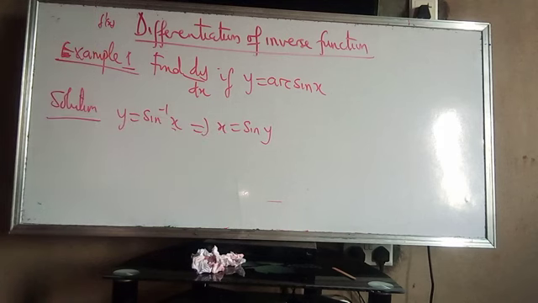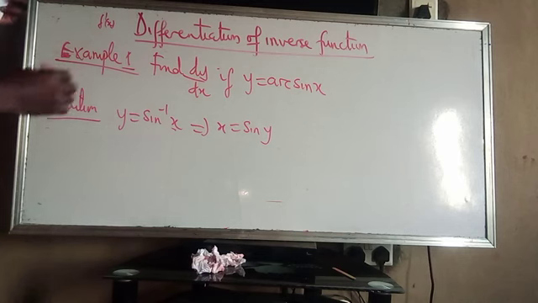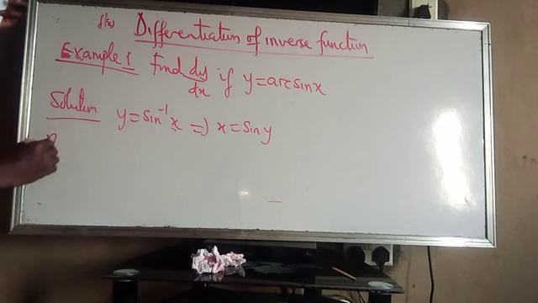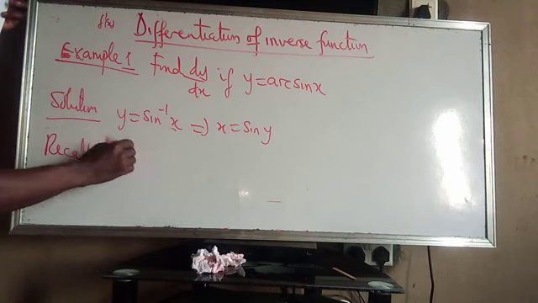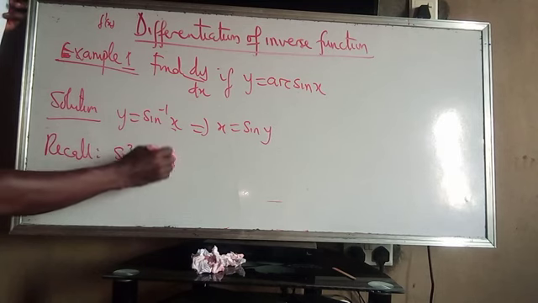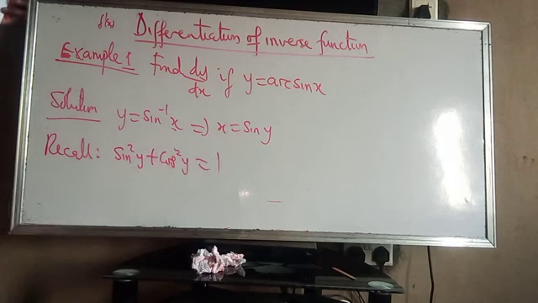Now, remember in our previous trigonometry, recall sine square y plus cos square y is equal to 1. We want to find an equivalent of sine y.